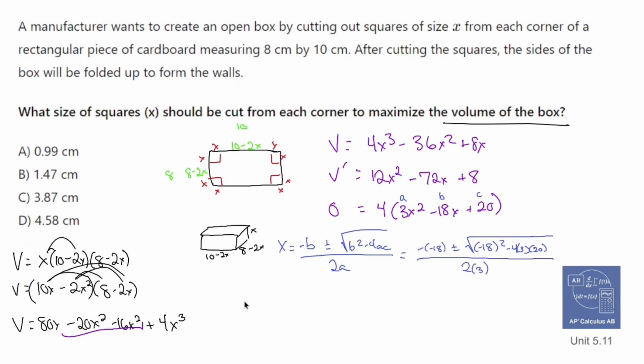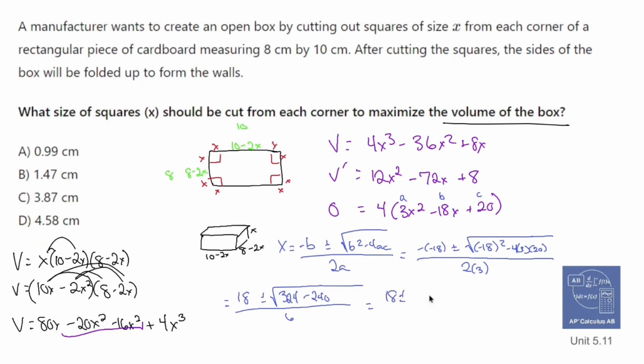All right, so the double negative 18, 18 plus or minus 18 squared is 324. Took me a minute there. Negative 4 times 3 is 12, times 20 is 240, but the negative version of it, all over, that'll be 6.